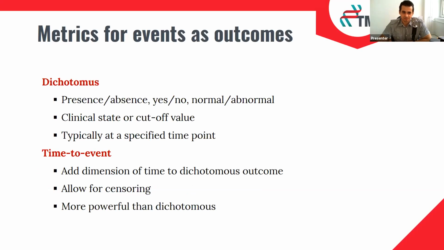Talking about the metrics of an outcome, the outcomes can be a dichotomous variable, which means that there are only 2 options. Either the condition is present or absent. It's basically a yes or no question.